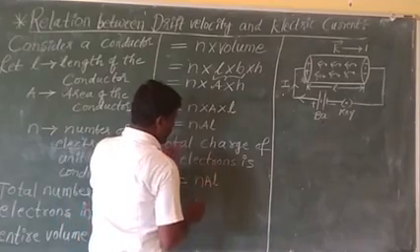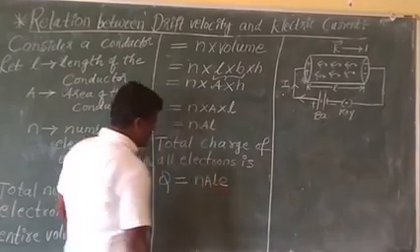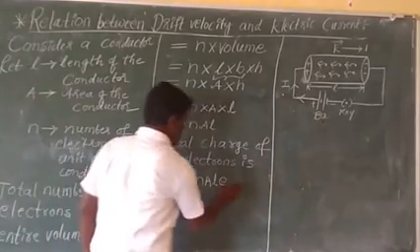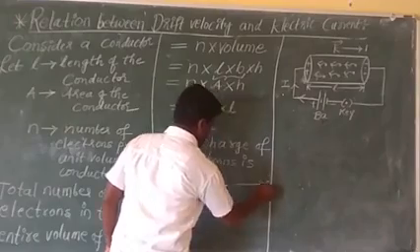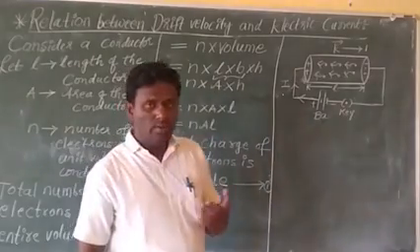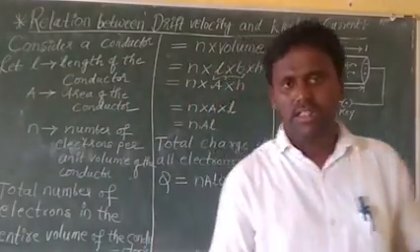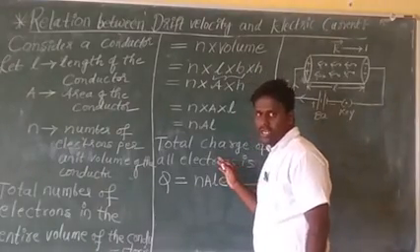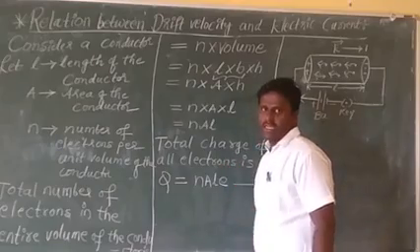NAL. And what is the charge of each electron? e. So Q equals NAL e. Equation number 1. Now I have calculated the total charge present for all the electrons of the conductor.